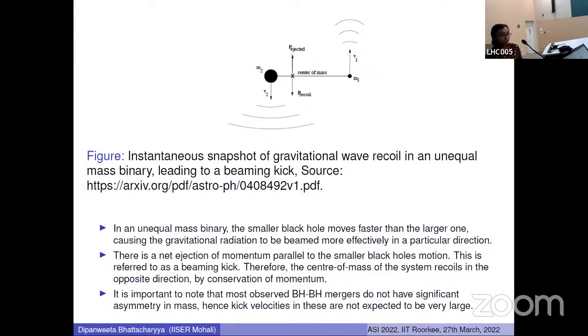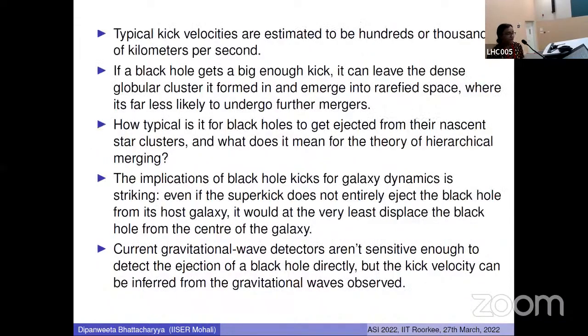Now, it is important to note that not all observed black hole mergers are unequal mass binaries. Therefore, the kicks in those cases are not expected to be very large, but there will be kick velocities there. So we discuss the magnitude of the kick velocities. The typical kick velocities are estimated to be of the order of 100 to 1000 kilometers per second.